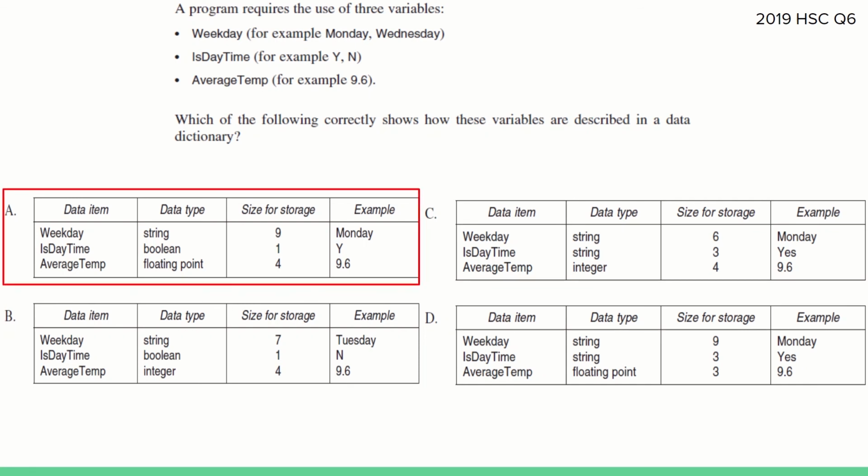For weekday, because Wednesday, Wednesday. Oh, I thought it was how many weekdays you had. Why is it 9? Well, you need 9 letters, so 9. Yeah, I was like, oh wait, so why is the average temperature size for storage?